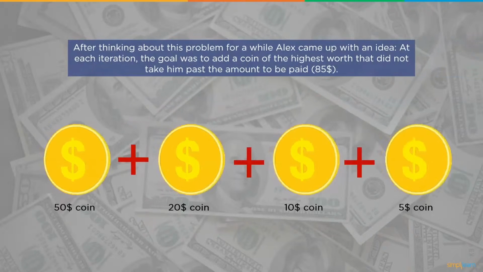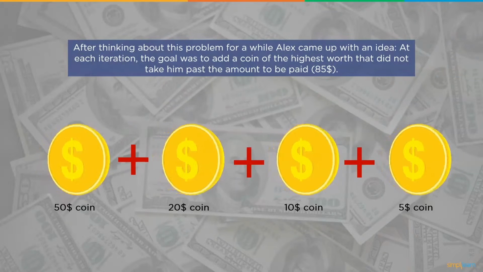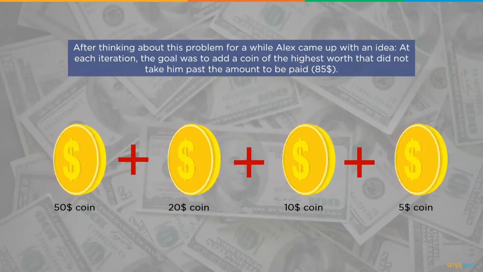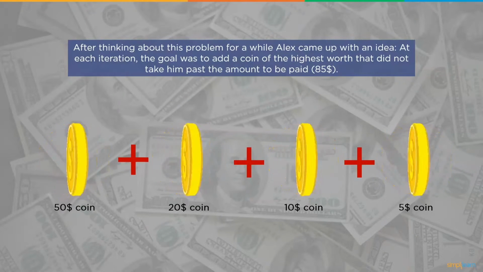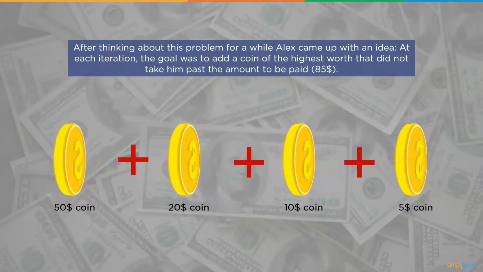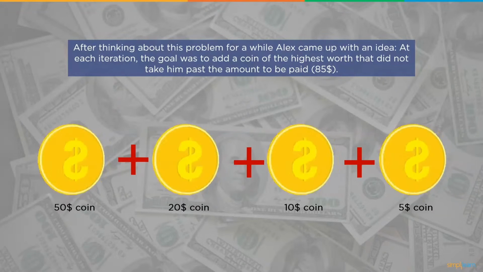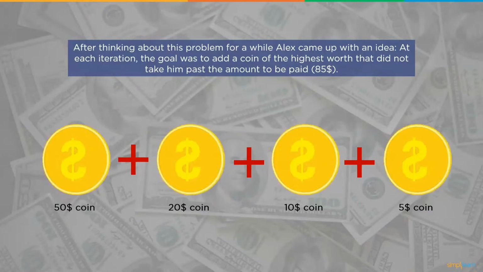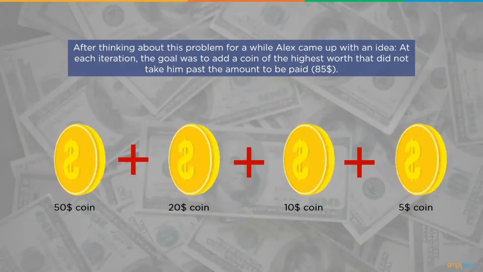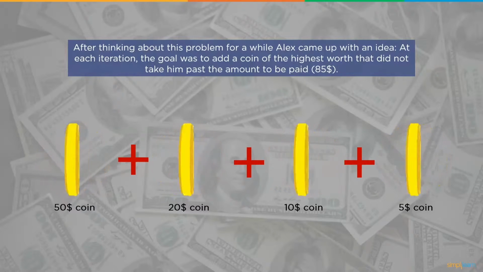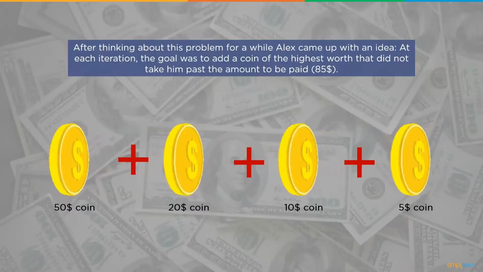Alex developed a program that will provide him with the optimal number of coins that he can present to Rachel. This program was iterating through the different possibilities to choose the best solution. At each iteration, the program added the coin of the largest value that was not taking Alex past the amount to be paid, which is $85 in this case.